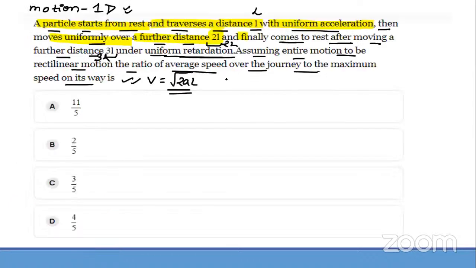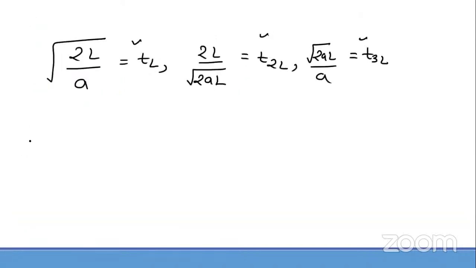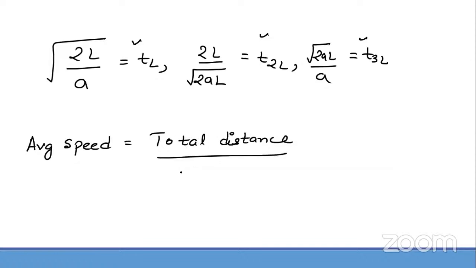Okay. Now the main thing required is to find the average speed. Students, we know the very basic formula, that average speed is defined as what? Total distance upon total time taken. Okay. Total distance, if you count it, how much is it?